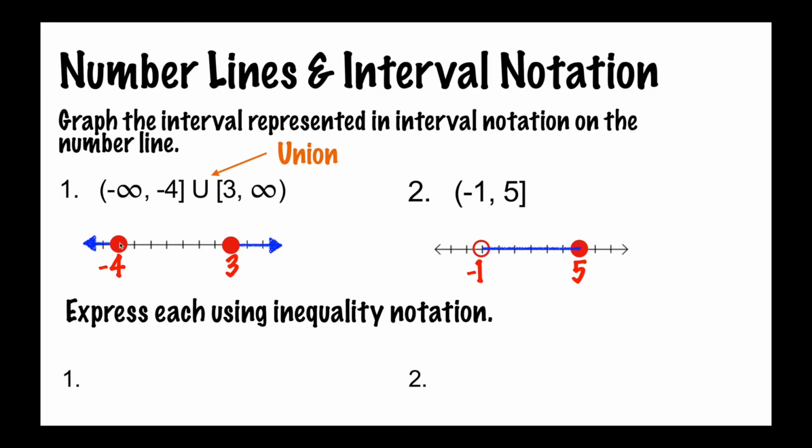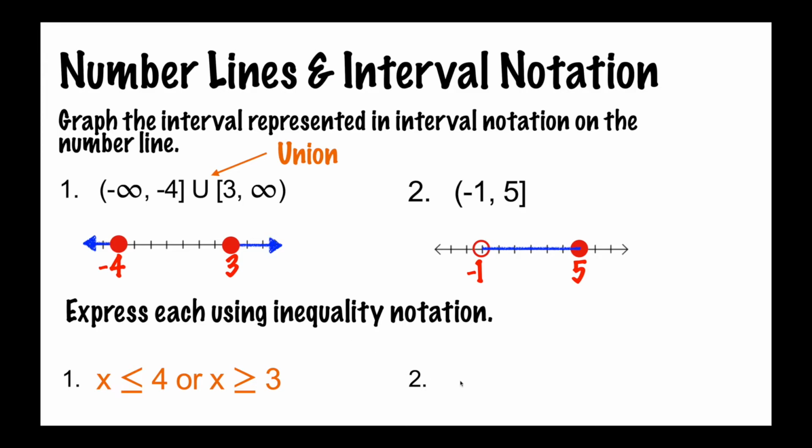So we would write that as x is less than or equal to -4. Or we look at this side, and these are when values are equal to or greater than 3. So I write x is greater than or equal to 3. So again, this part matches up with this side, this part matches up with this side, and then the union is going to show up as an or statement when we're writing this as an inequality.